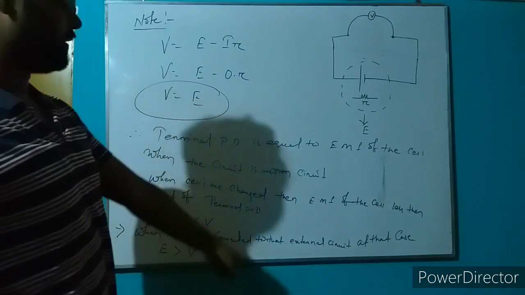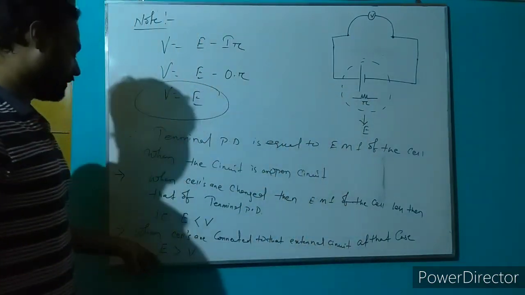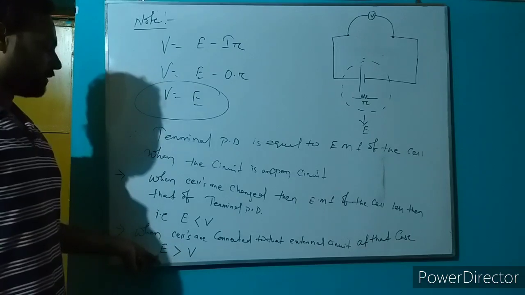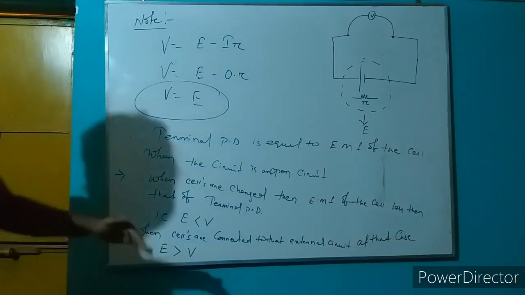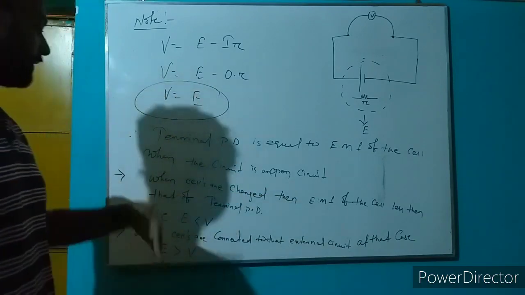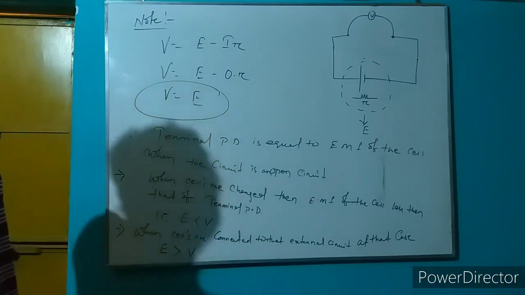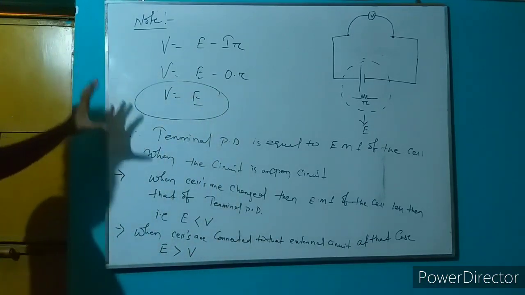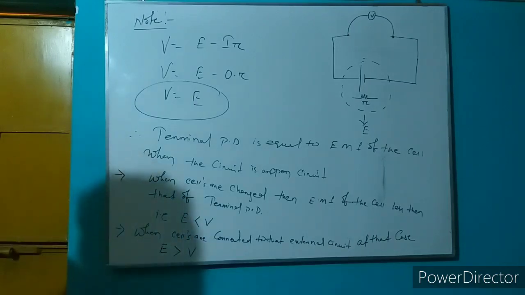When cells are connected to an external circuit, the EMF of the cell is greater than the terminal potential difference. When cells are charged, the EMF of the cell is less than the terminal potential difference. So these are very important notes, please note them. Clear?